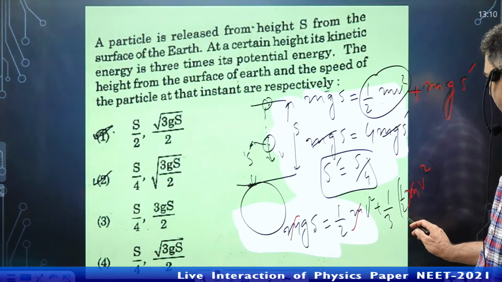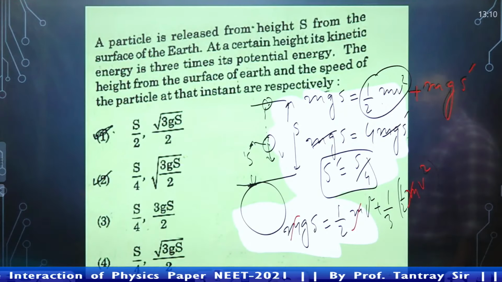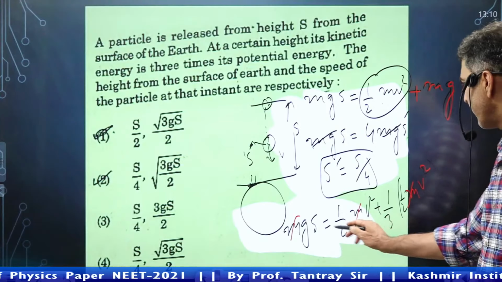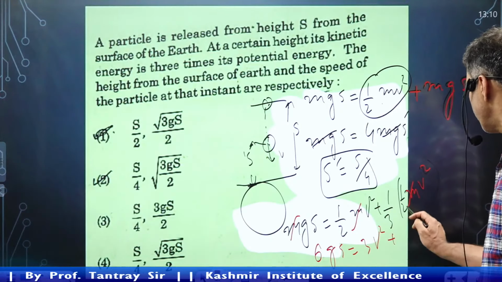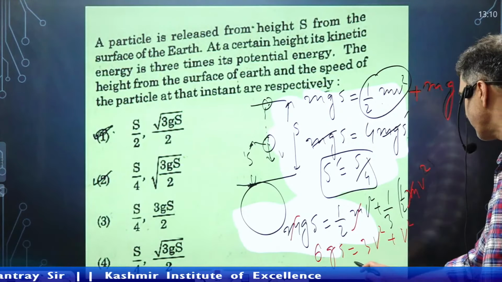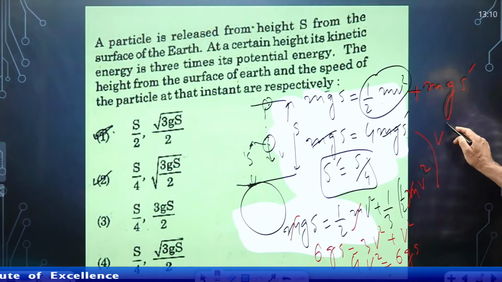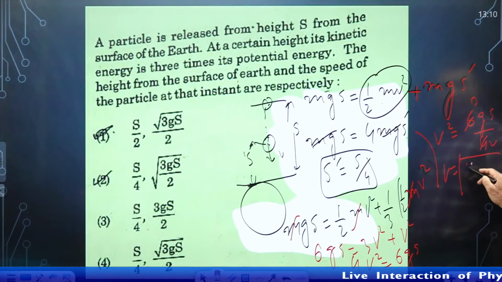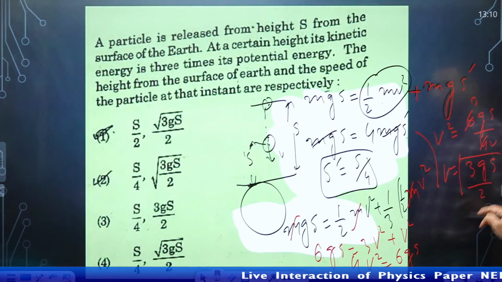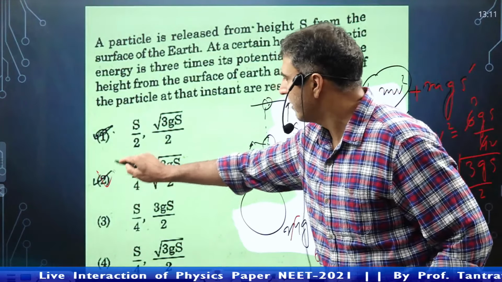Let us multiply by 6. 6gs is equal to 3v square plus v square. That is 4v square is equal to 6gs. So v square is equal to 6gs by 4, which is 3gs by 2. So v is equal to root of 3gs by 2. This should be the right answer.